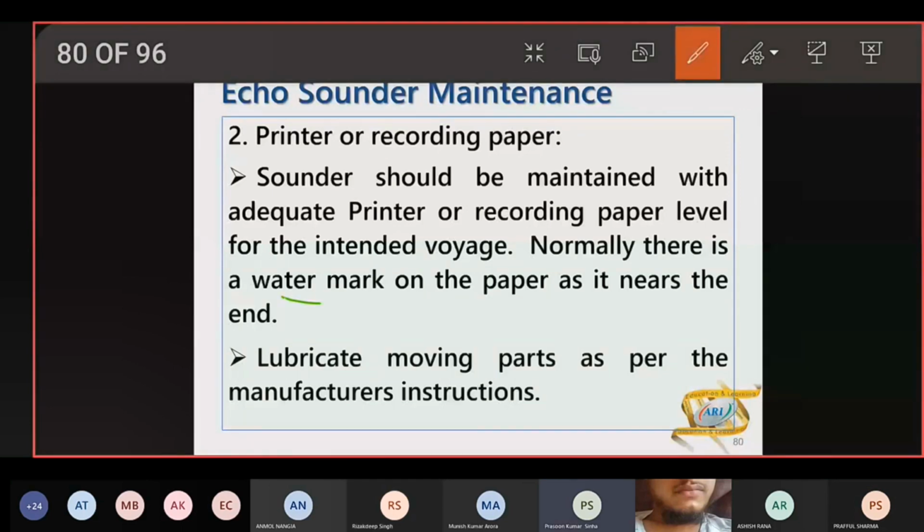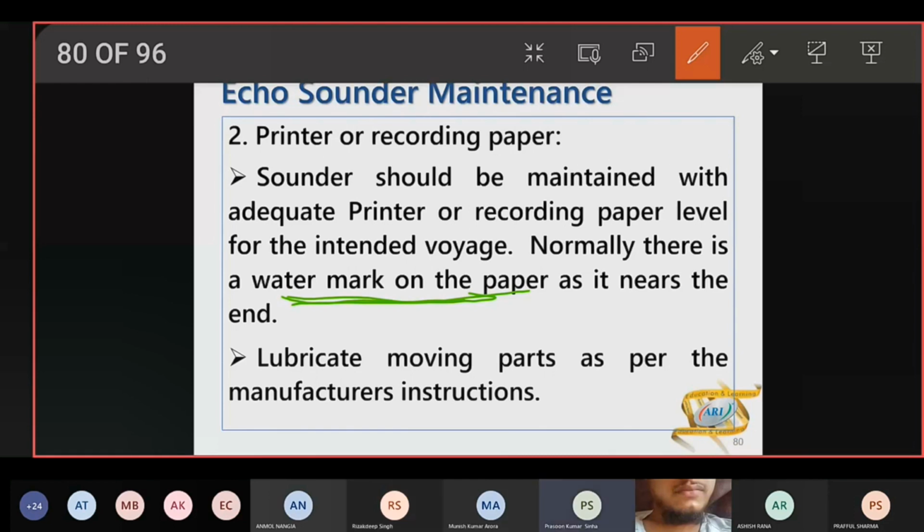There will be a watermark, red color mark on all the paper rolls you have seen, correct? In the end, there is a white or pink or red mark. Is that correct? All papers, whether it is Navtex paper or SATC ka paper, EcoSounder ka paper, any paper, there is this watermark to indicate now the paper is finishing, you should be ready to change it. So that is the recording paper.